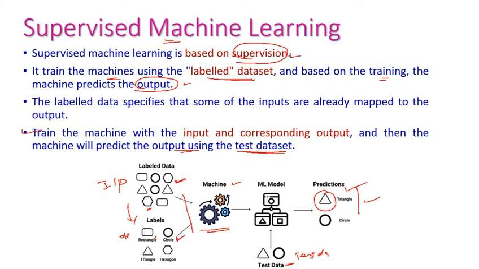Once the machine has learned all those things, it can easily identify all the shapes. Now, to test this machine, we give two symbols, triangle and circle. Then the machine can easily predict this particular shape is triangle and this particular shape is circle. So here the supervision is given based on the labels.